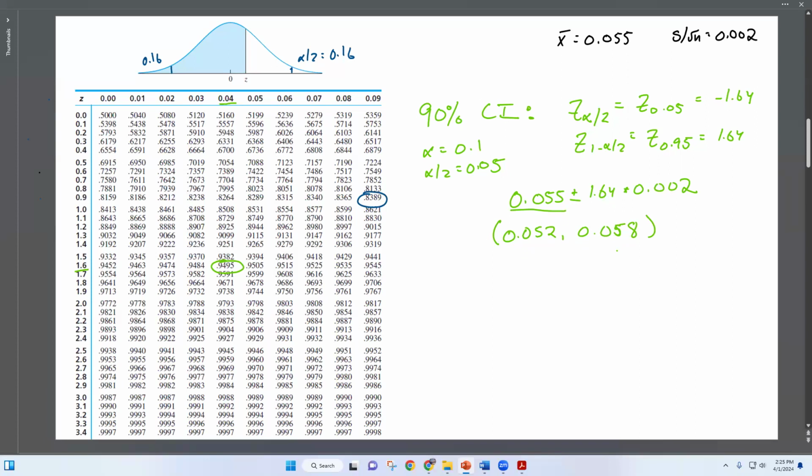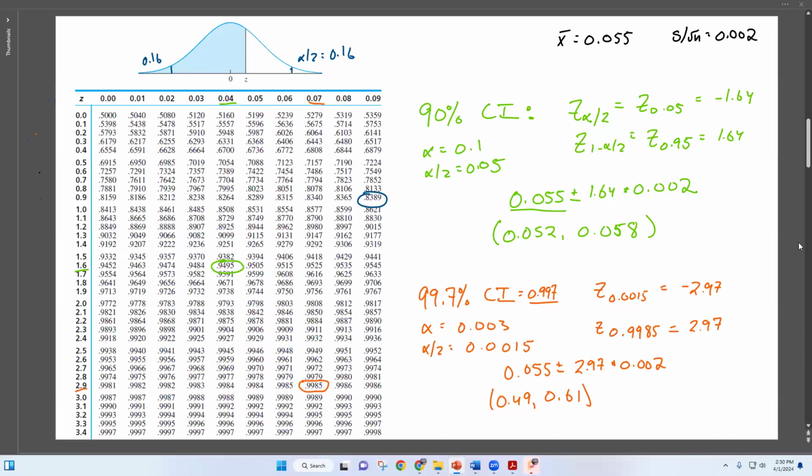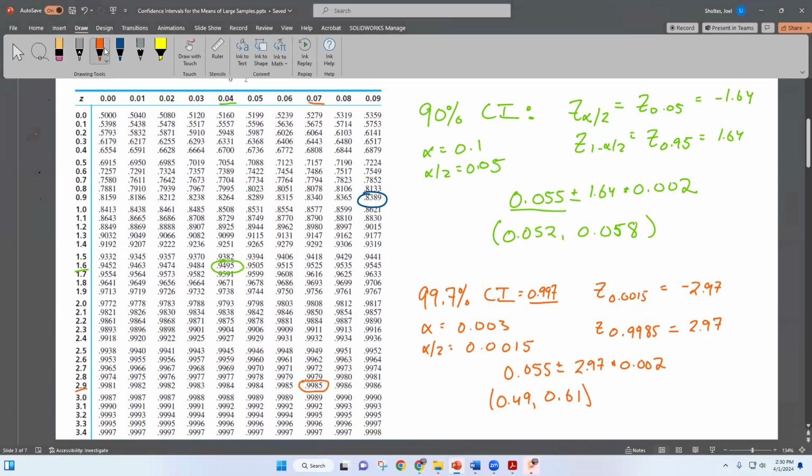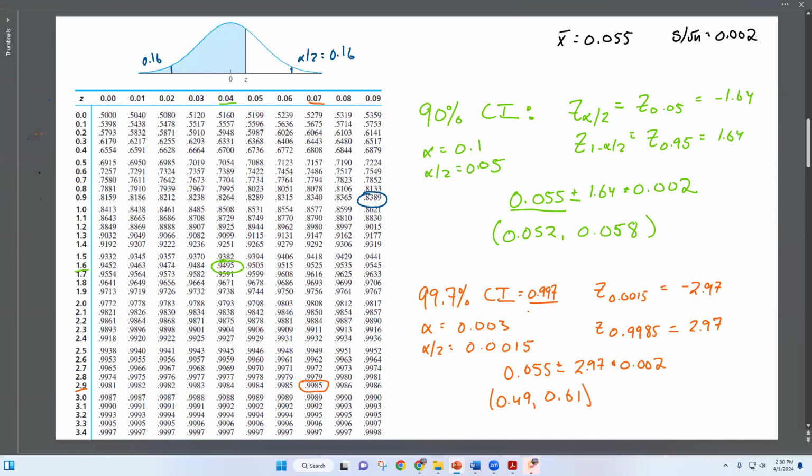Okay, and then we'll show the 99.7% confidence interval in just 1 second. So now that we've calculated the 99.7% confidence interval, we can see that it's a little bit wider. Our alpha is 0.003. Remember, we have to write this out as a fraction.